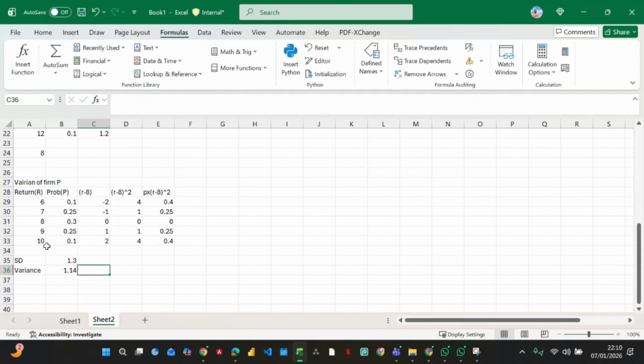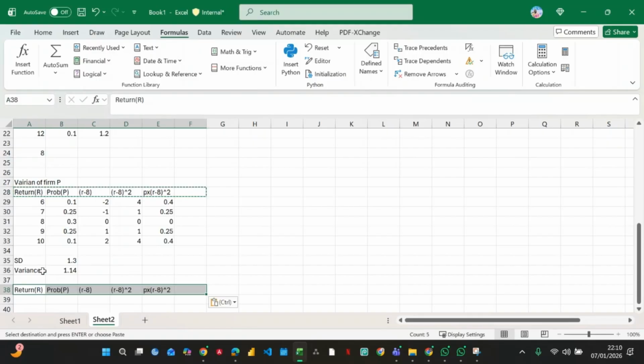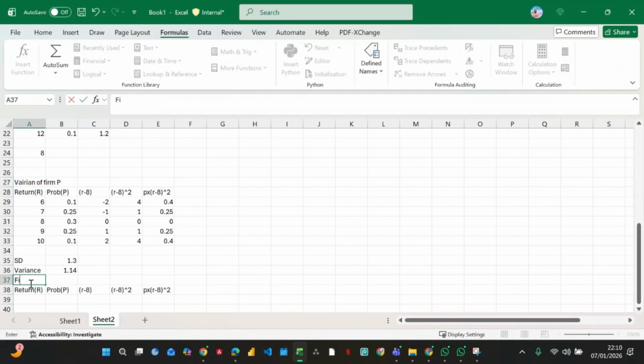Has any other person used calculators to get the same thing? So you need to get the variance. This was the standard deviation value, and this is the variance. So we are going to do the same thing for the other company.